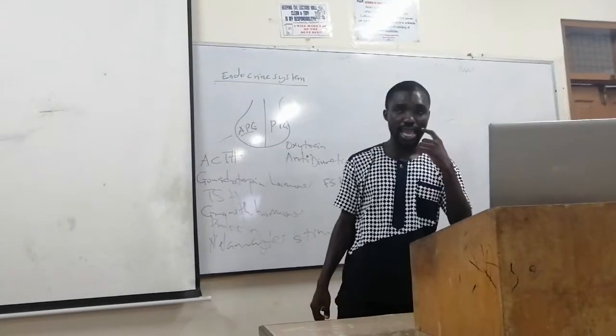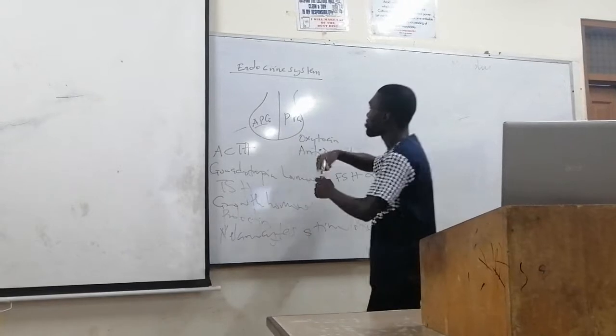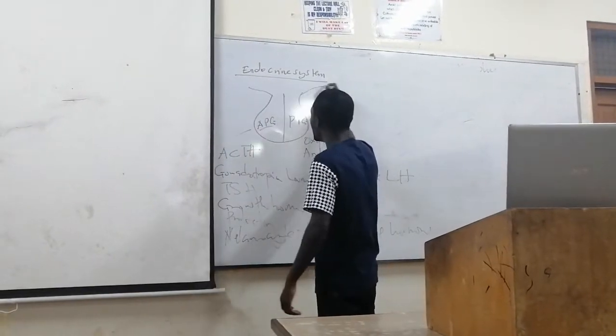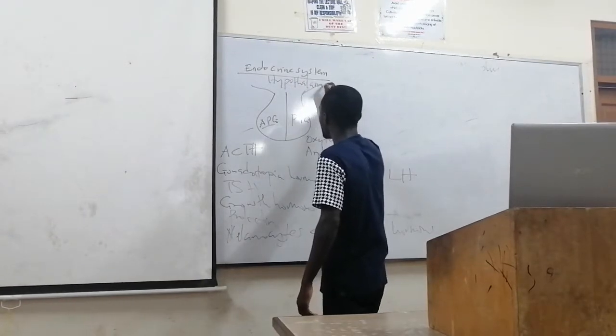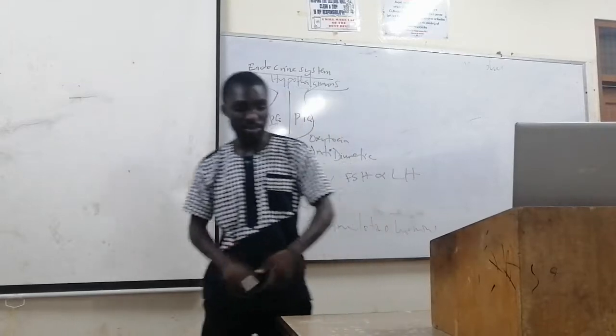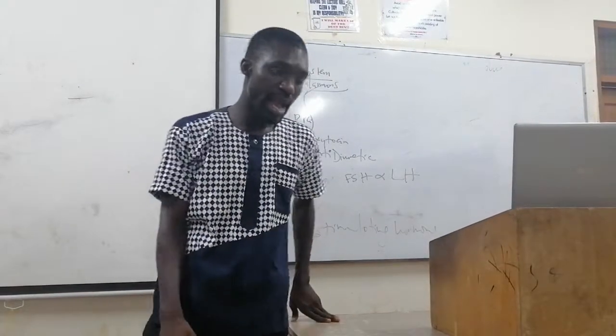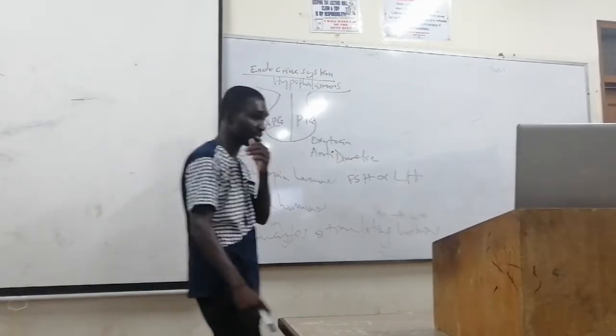With the endocrine glands, most of the time they are influenced by a part of the brain known as the hypothalamus. The hypothalamus is the part of the brain that controls all the activities of the endocrine system, right?